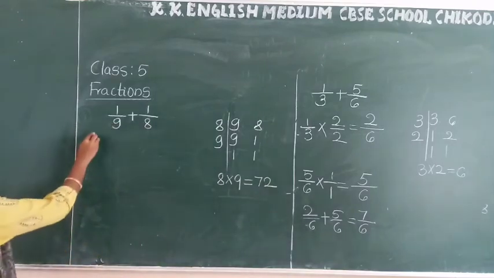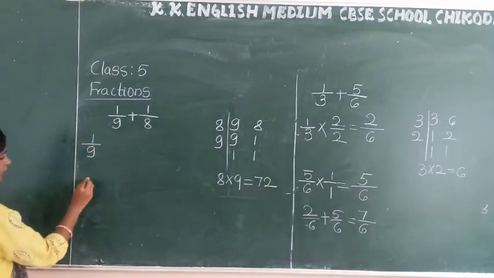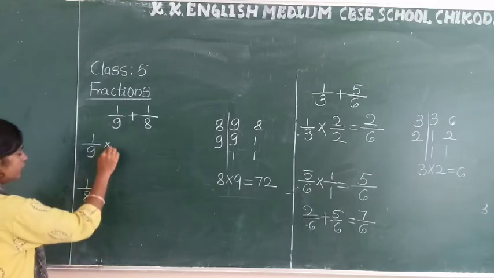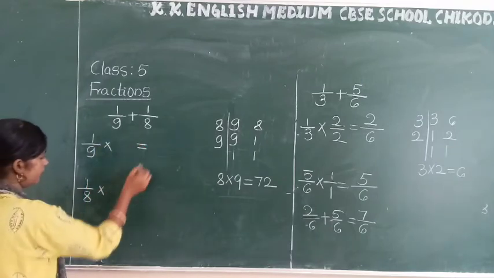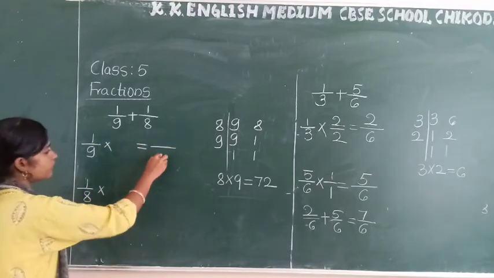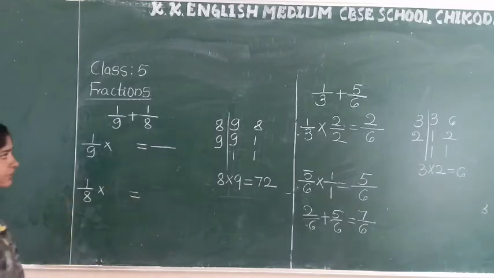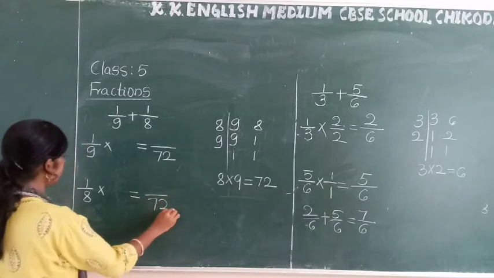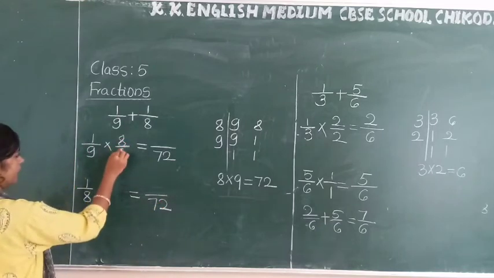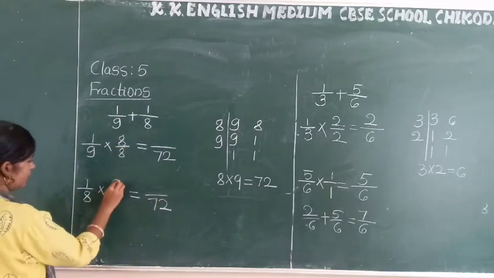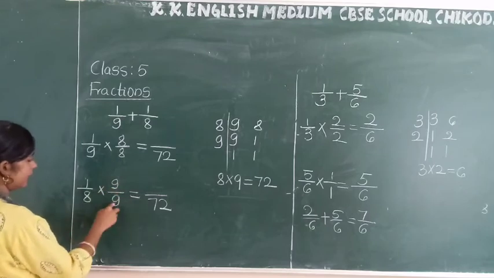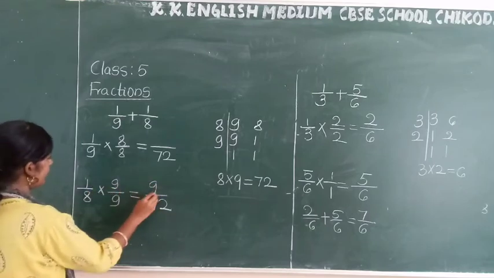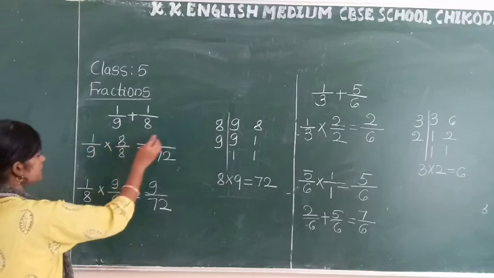The next step: 1 by 9 and 1 by 8, into, equal. Then tell me which number I have to write here? 72, because our LCM is 72. Next, 9 8s are 72, 1 8 is 8, 8 9s are 72, 1 9 is 9.